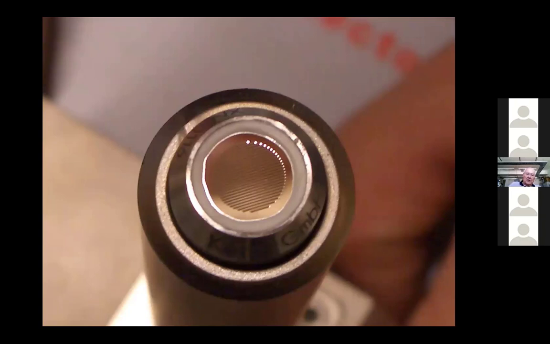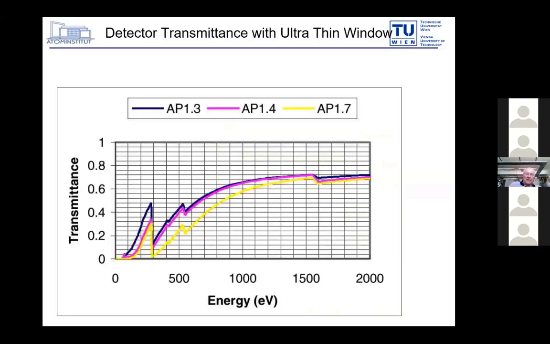It is working, it is relatively stable, and we have here the transmission of such a relatively old one. We have now modern types, but you see something. With the beryllium window, we are in the range of about 40% in the sodium region. We have really almost the double transmission if you go to the polymers, and this is, of course, ideally suited.